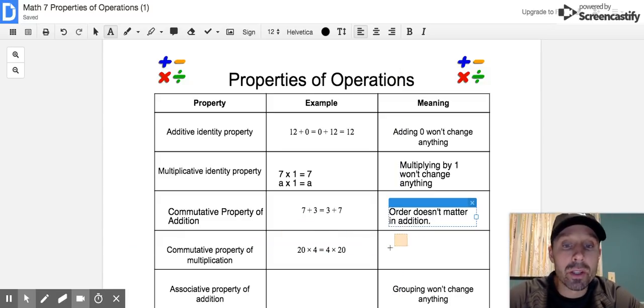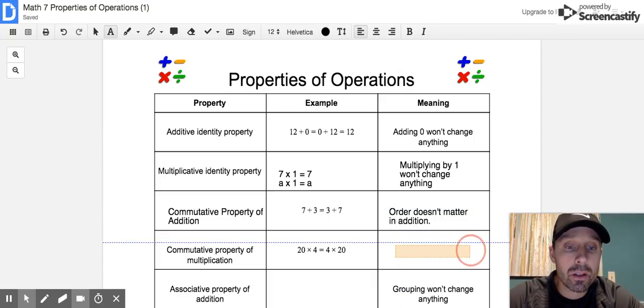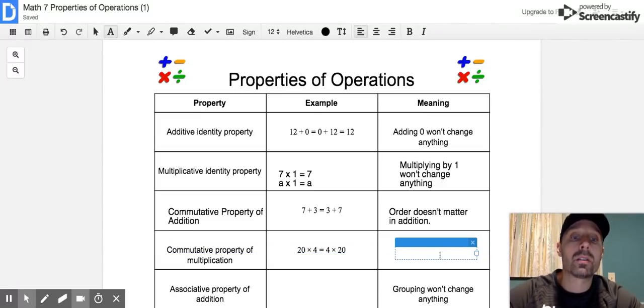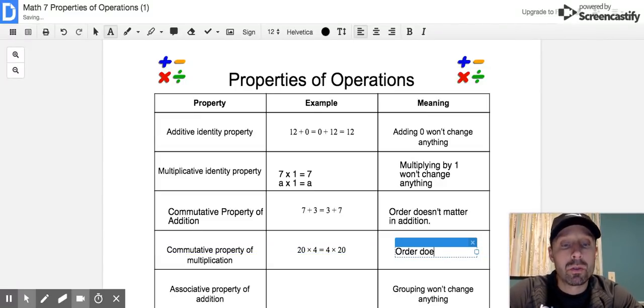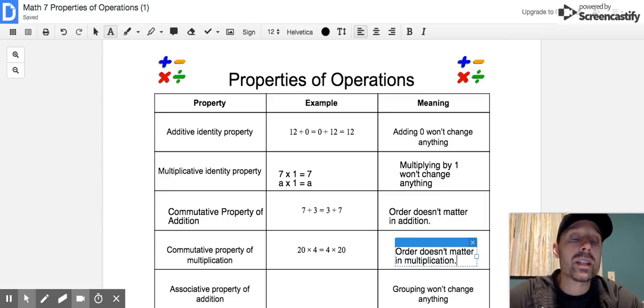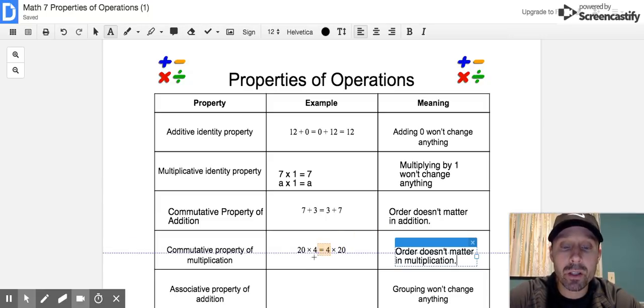Same thing for multiplication here. Order doesn't matter in multiplication. 20 times 4 will give me 80. 4 times 20 will give me 80. It does not matter how I write that.